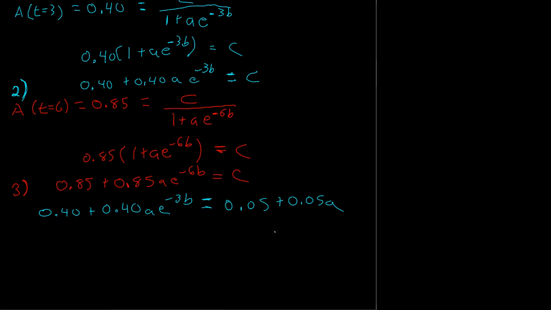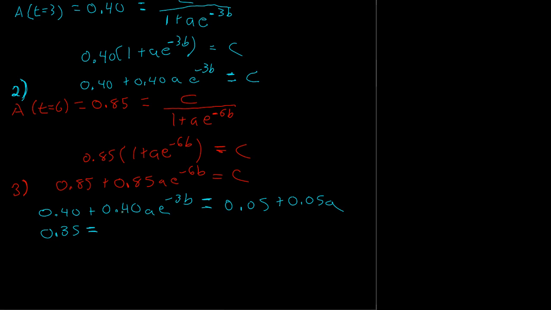That's going to give me 0.35. Right? I'm subtracting this from this. And then, well, let me just do it. I'll do each step here. 0.35. So I've subtracted this constant from both sides, and that leaves me with this.